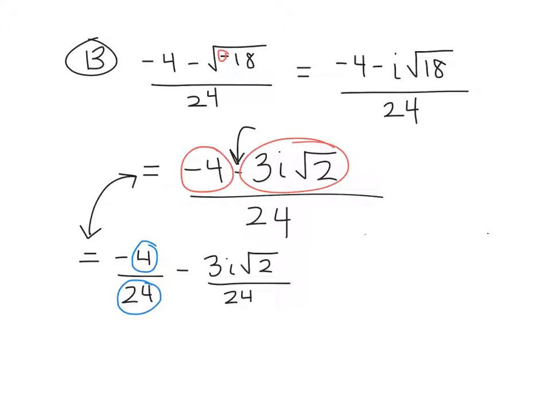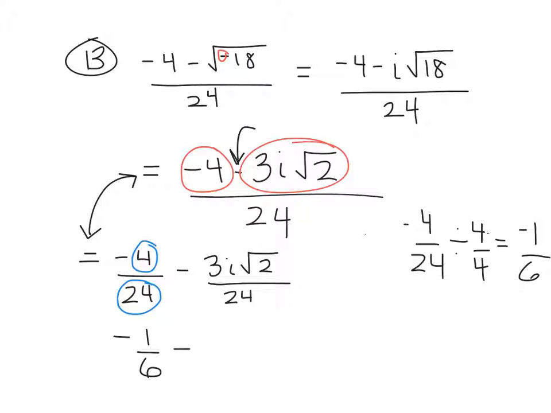It can be divided into 24 evenly. So I'm going to divide the top and bottom of this fraction by 4. So negative 4 divided by 4 is a negative 1. And then 24 divided by 4 is 6. So my simplified fraction is negative 1/6.